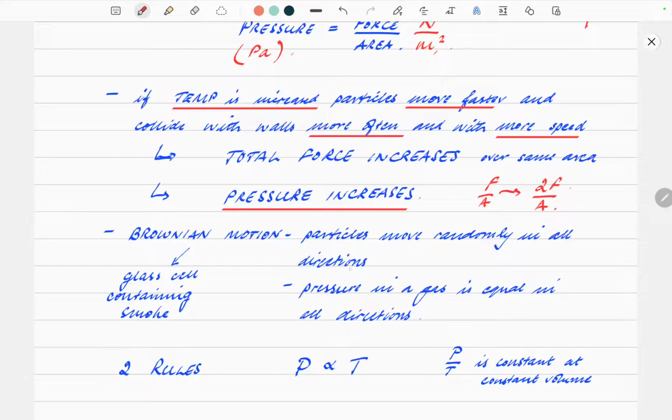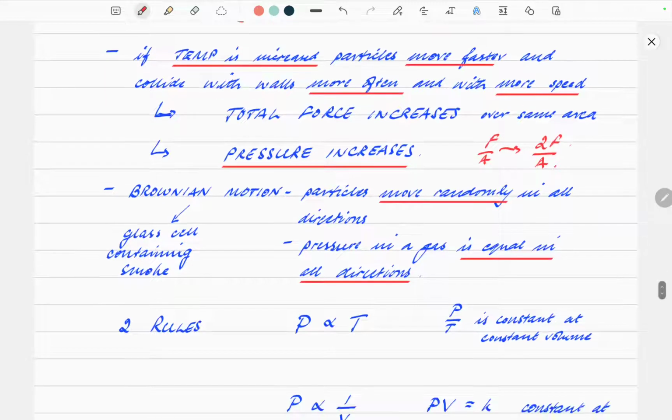Therefore, pressure in a gas is equal in all directions. There's no difference whether it's in a liquid or indeed a gas. Pressure is exerted at any given point equally in all directions.